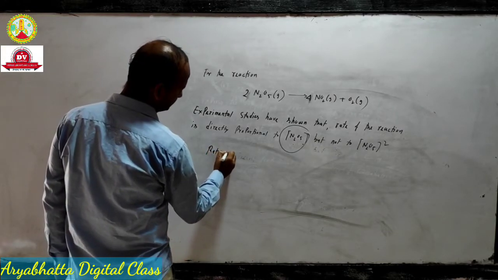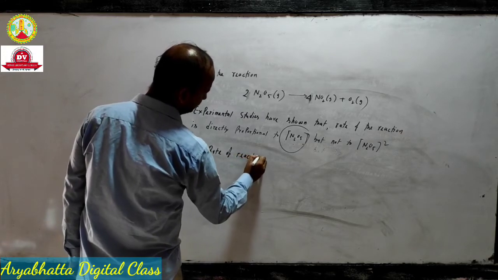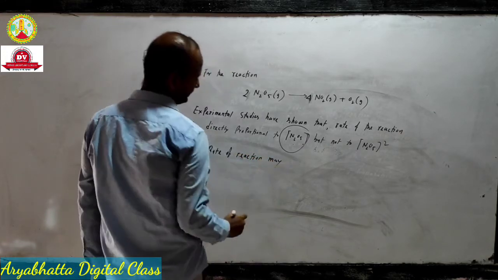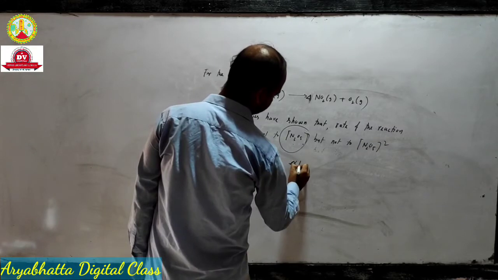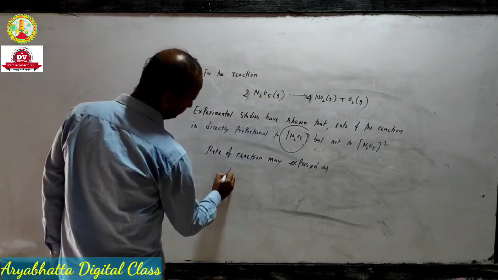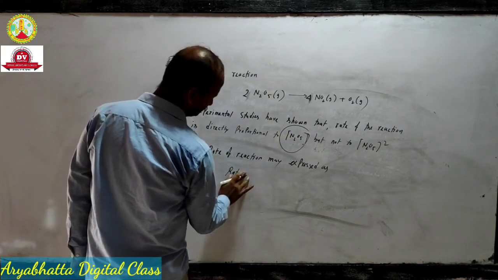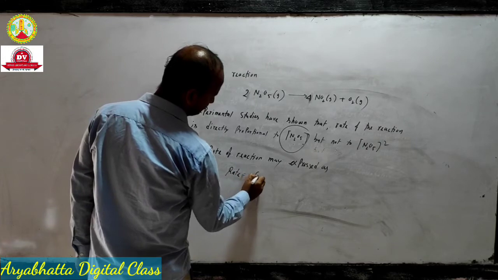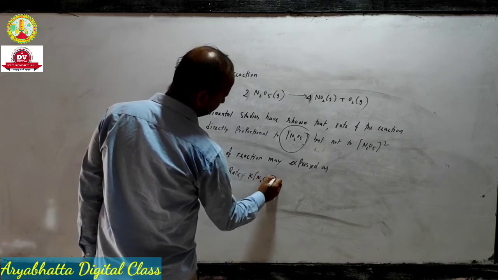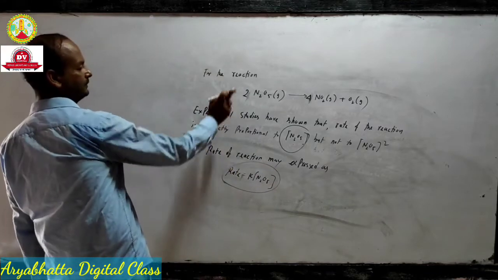So what will the rate of the reaction be if it depends only on this one? Write like this: rate equals K[N2O5].